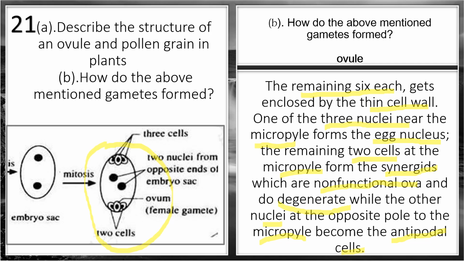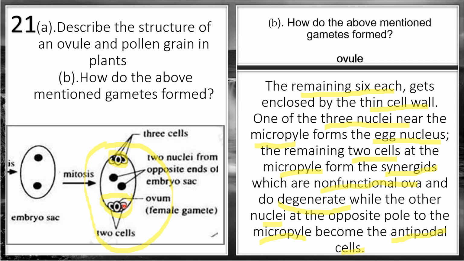We have seen that at the end, there were 4 at each pole, but 2 came in the middle and they fused to form the endosperm nucleus. So meaning that 3 remained on top and 3 remained at the bottom near the micropyle.